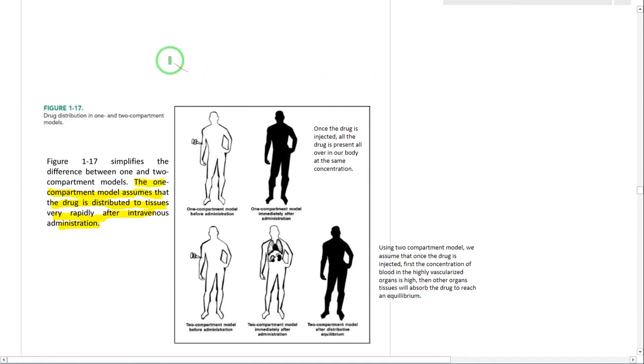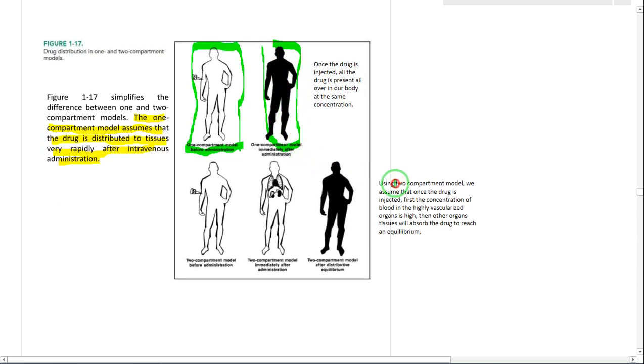Well, just imagine, for the time that we just consider one compartment, there is only this. So we administer a certain amount of blood and we can just assume that the distribution of blood within all these compartments is the same. Okay, so once the drug is injected, all the drug is present all over the body at the same concentration.